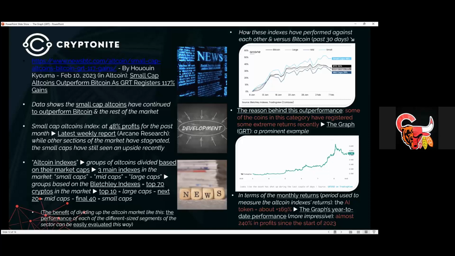So that's the other thing that we're going to see probably in this bull market. It was already the case in the last one, but this one would be even bigger in my opinion. Potentially Bitcoin will perform well, but some of those altcoins will perform much better than Bitcoin by many multiples.